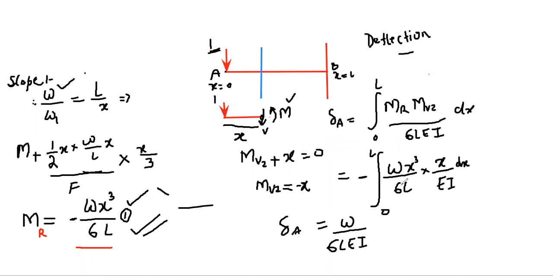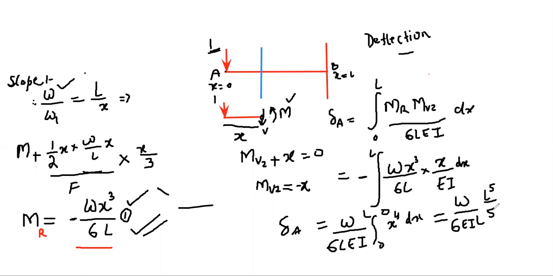Then we have the integral from 0 to L of x cube into x, that is x raised to power 4 dx, which becomes W by 6 times EIL. The integral of x raised to power 4 is x raised to power 5 by 5, so that is L raised to power 5 by 5.